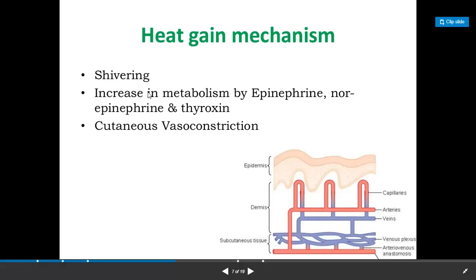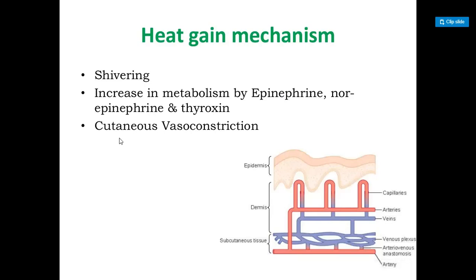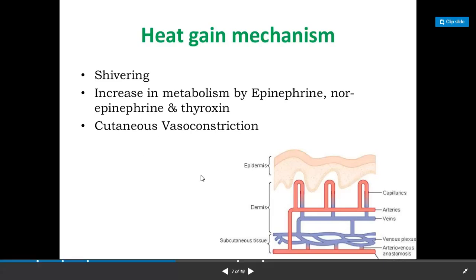So shivering, increase in metabolism by epinephrine, norepinephrine, and thyroxine, cutaneous vasoconstriction, and erection of the hair of your skin. And that hair is controlled by the erector pili muscle, which you will see in a subsequent slide.